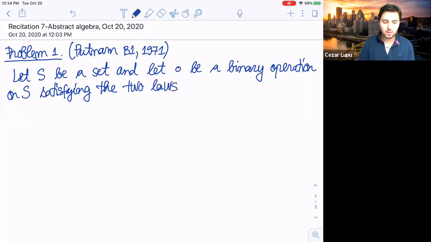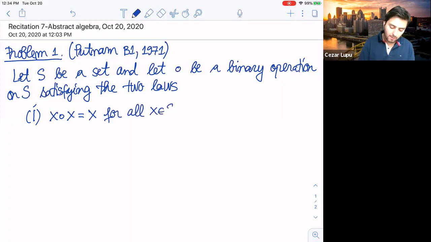The first one is x circ x equals x. If you don't like this circ, you can put whatever you want, but I'm just going to write the problem as it was stated on the exam, for all x in S.